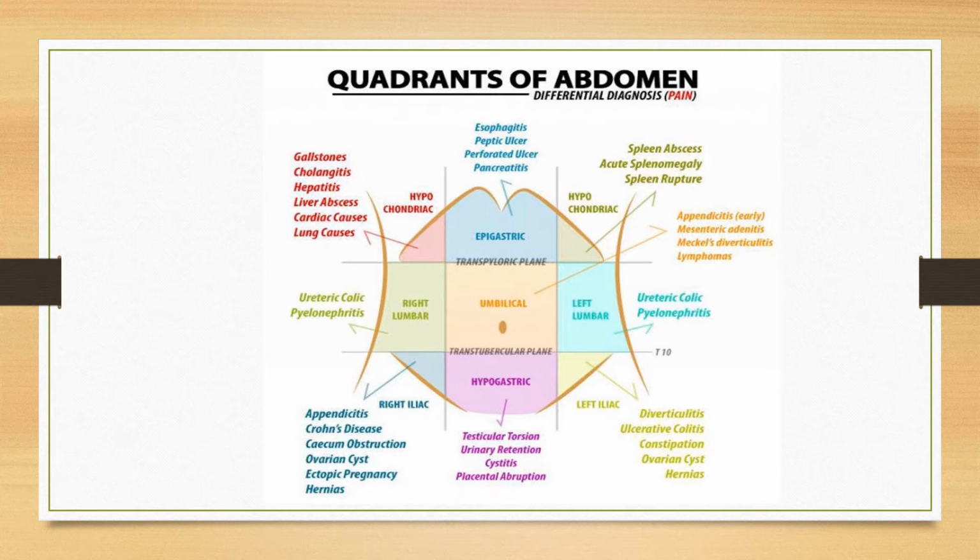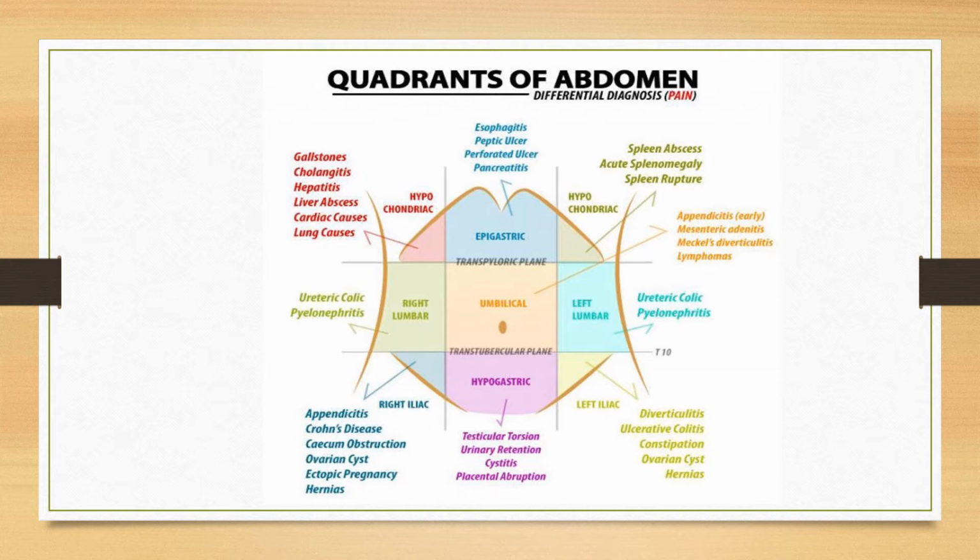Constipation can give you pain in the left lower side because that's where the rectum is and the sigmoid colon. Ovarian cysts can give you left or right lower pain because there's two ovaries. Hernias, so inguinal hernias that are strangulated will give you pain in your groin, left or right. Okay.